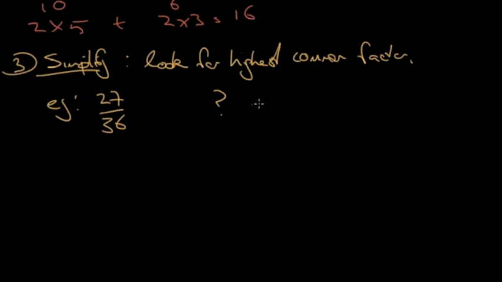Hopefully you might be able to see that 3 goes into both, but what else? We find that the highest one is 9, and you could do 3 and then 3 again, and that'd be okay. So 9 goes into 27 how many times? It goes into 27 3 times, and how many times does 9 go into 36? 4 times. So that's our simplification. That's all we have to do with simplification: look for the highest common factor.